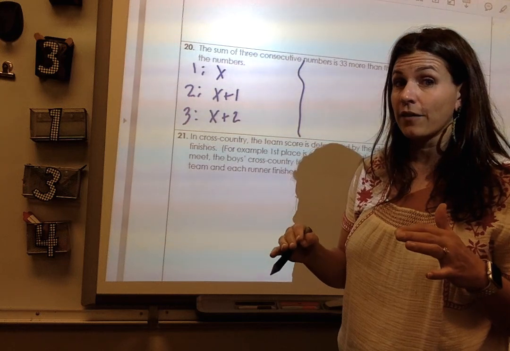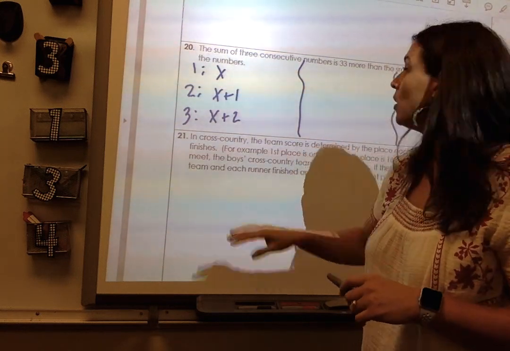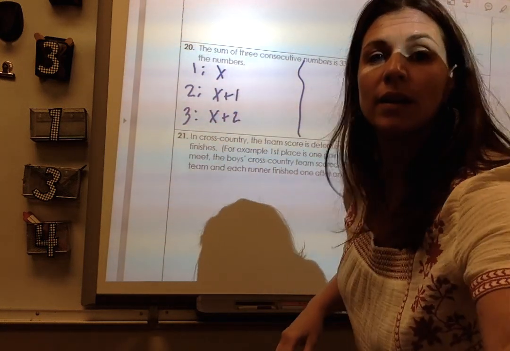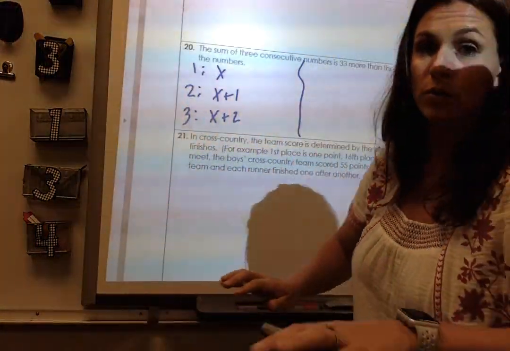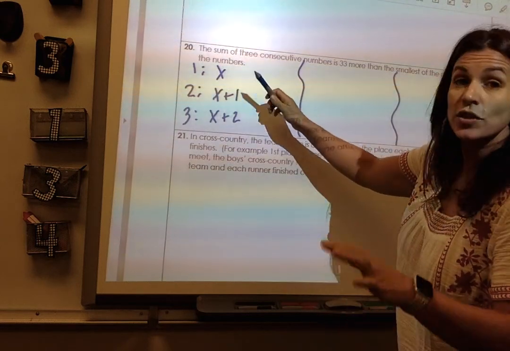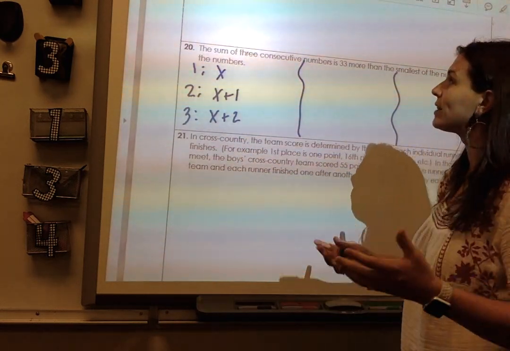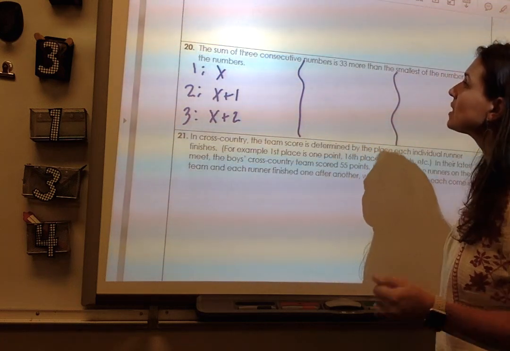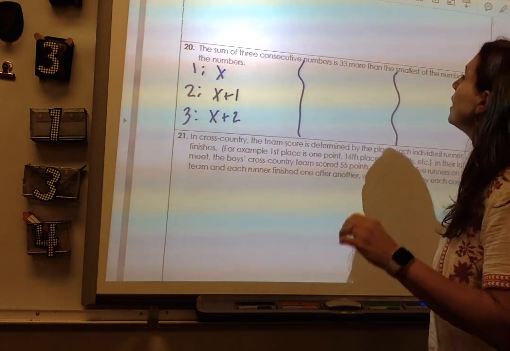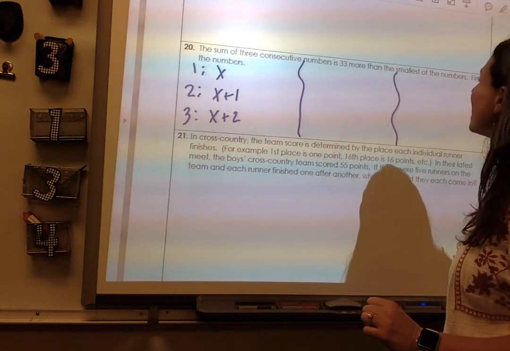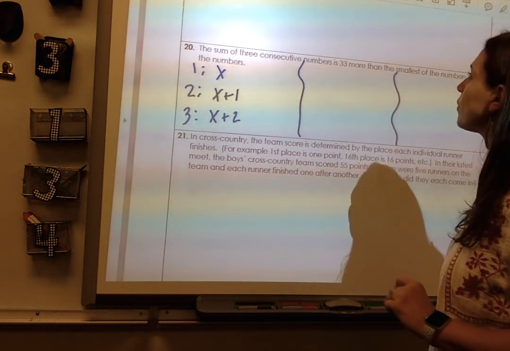That's 3 consecutive integers. Now, notice, once these are set, they are set in stone. My computer just blacked out, so sorry. All right, so once they're set in stone, now we go over here and we're going to read what it's asking. It says the sum of three consecutive numbers is 33 more than the smallest of the numbers.